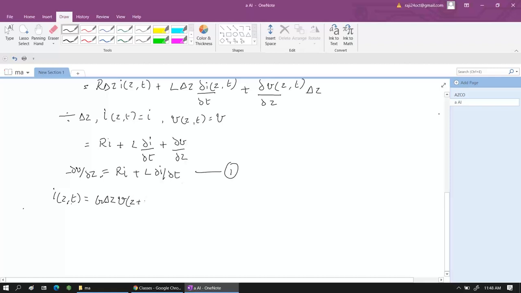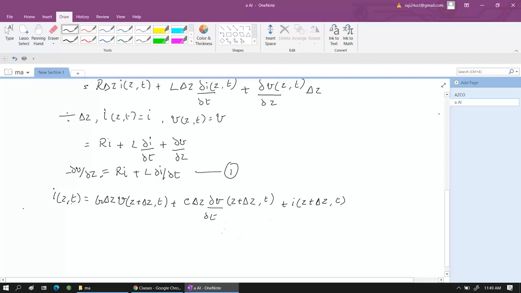It is z plus delta z comma t, plus C delta z dou V by dou t of z plus delta z comma t, plus I of z plus delta z comma t. Fine, this is the current equation you are going to get when you apply KCL.